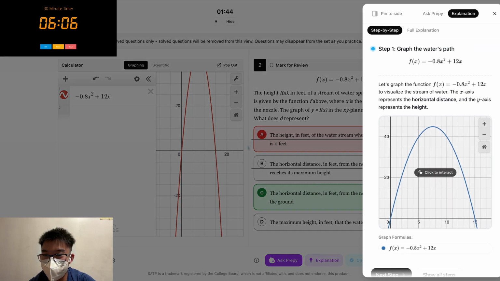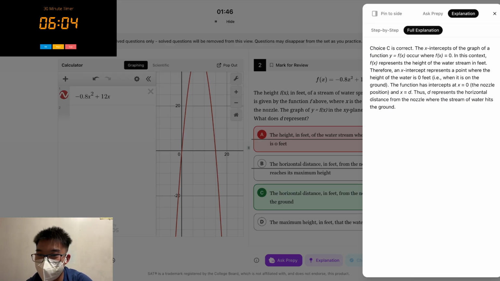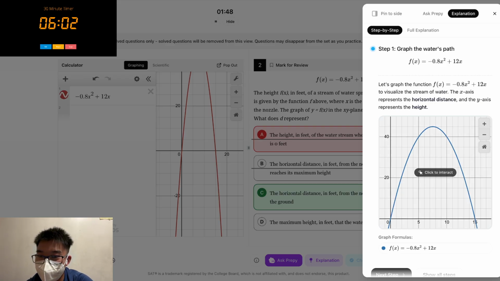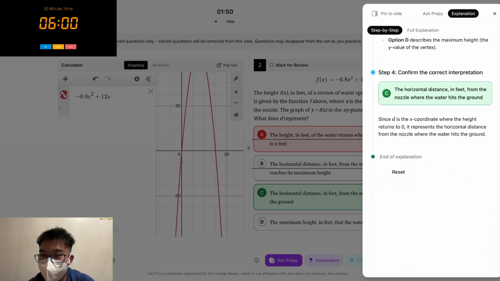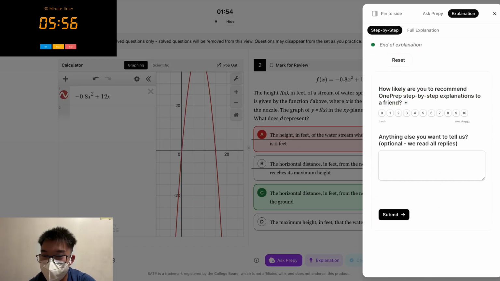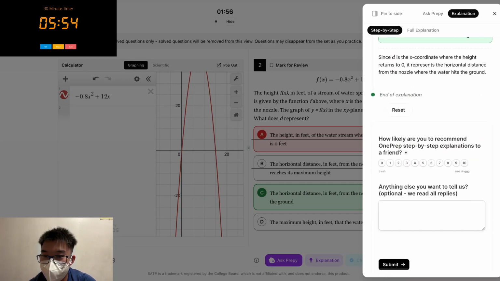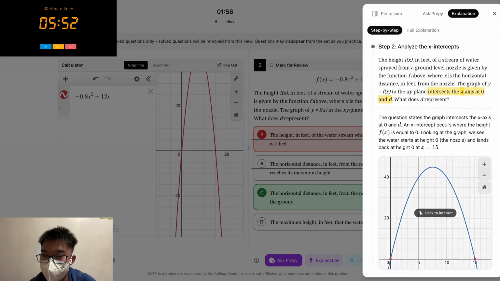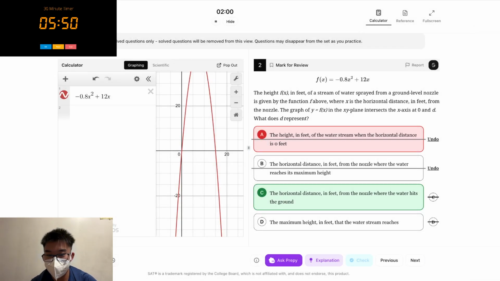A is by far definitely wrong. Because this one's correct obviously, that's where the nozzle of the tip hits the ground. Okay, let's see.